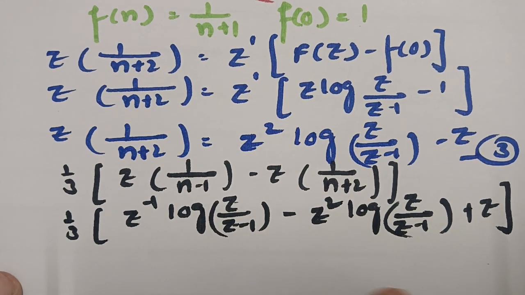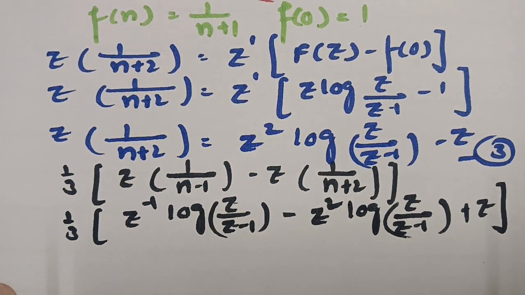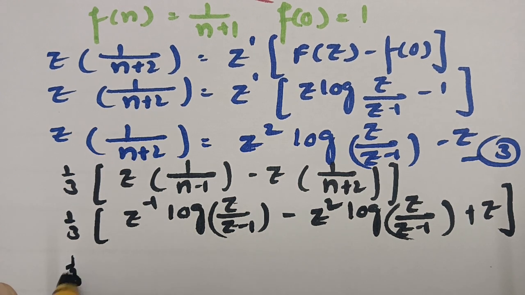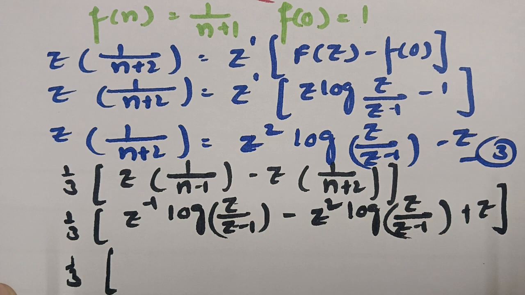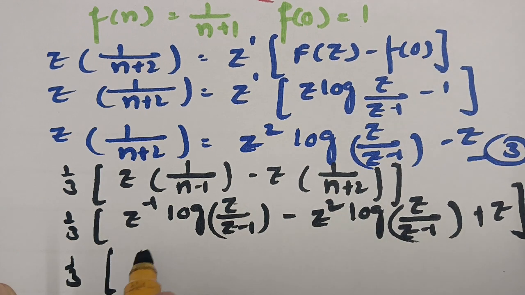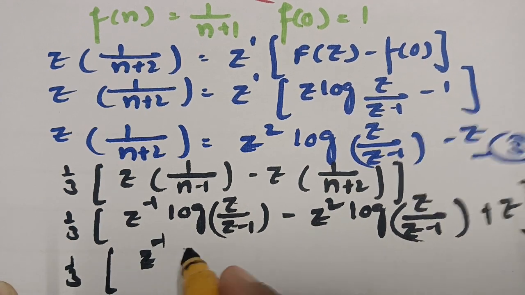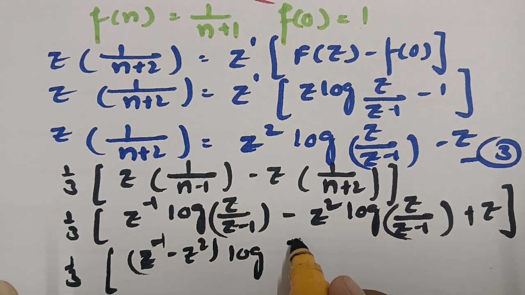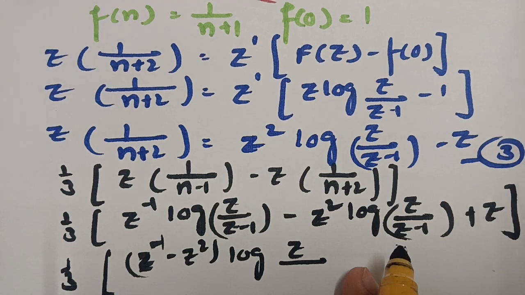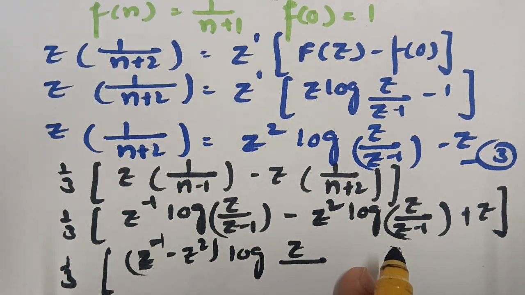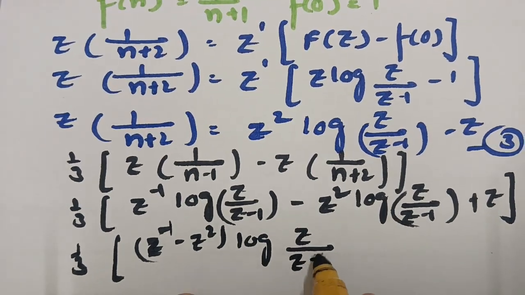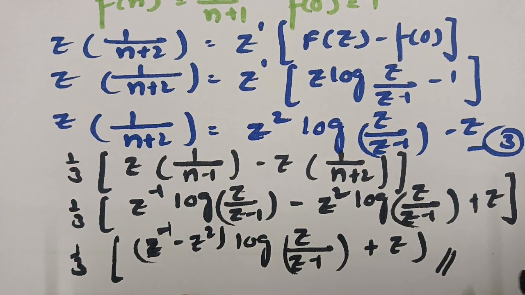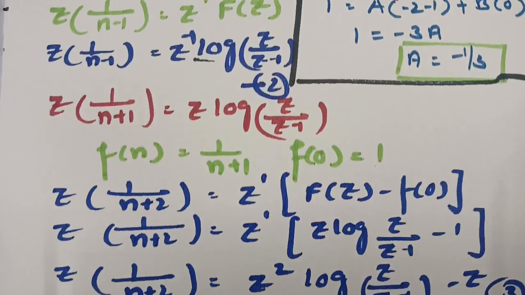So this is the final value, and this can be written as 1 by 3 times, if I take this as common, log z, that is z inverse minus z square into log of z by z minus 1 plus z. So this is the final value, and this is how we have to solve using the shifting theorem.